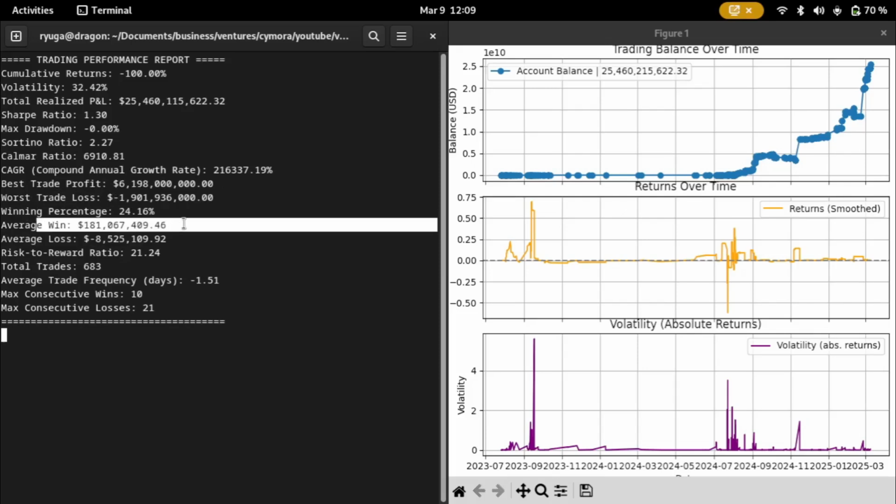I win about $181 million on average by trade, and I lose about $8 million on each trade over this period of time. That's basically the entire trading report summarized into one short analysis.